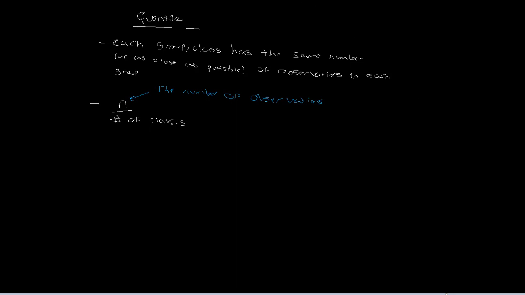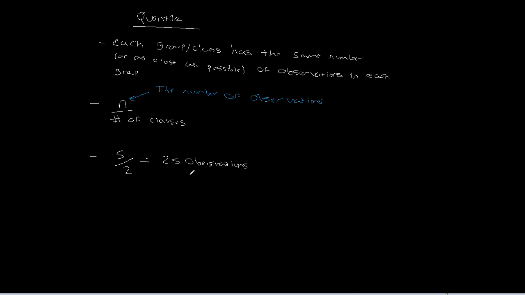So hopefully we can see from this equation here one potential issue, one reason why this as close as possible is going to come into play, and that's what happens when you have fractions of observations. Let's say that we had 5 observations and we wanted to put them into 2 classes, right? If you do the division on that, you get 2.5 observations per class.